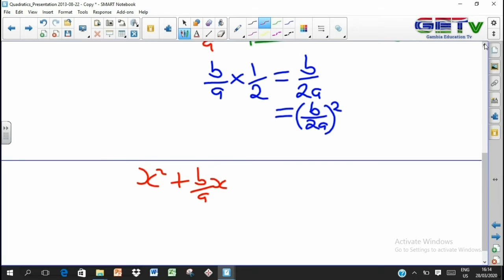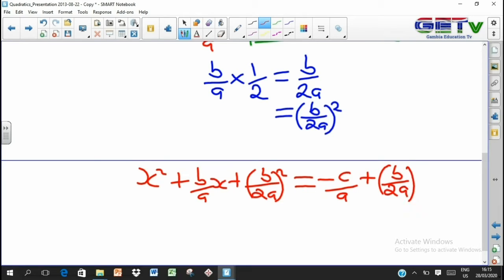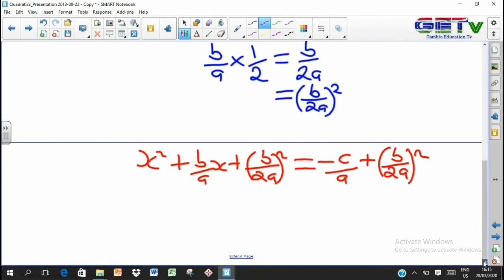And that will give us plus, in bracket, b over 2a all squared, equals negative c over a. What did we add? Remember, what you do on the left must be done on the right-hand side. It's going to be plus, in bracket, b over 2a all squared. I think this is exactly what we're supposed to do.